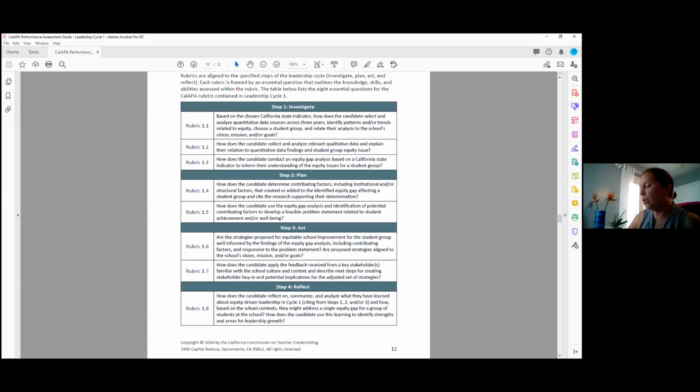So 2 rubrics there, the first around contributing factors, the second around that equity gap analysis and factors to determine that problem statement. That is what we're measuring in step 2, plan. That moves us to step 3, and I'll give it back to my colleague, Gay, to take us through step 3. Actually, before we do step 3, we're going to do a 5-minute stretch break.